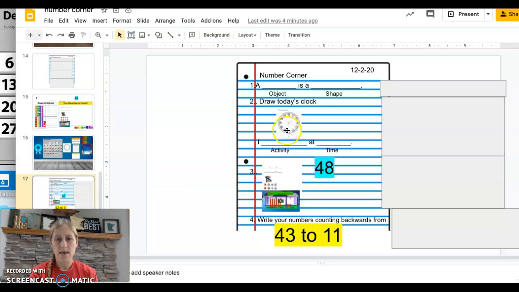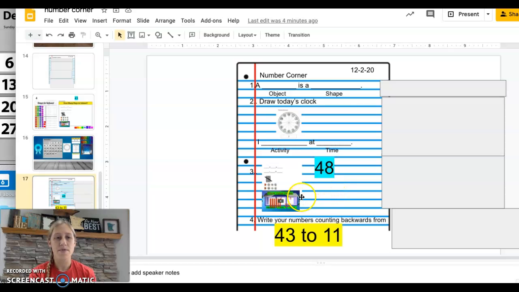You are going to make the hands on the clock to show 8 o'clock a.m. Then you're going to write I, and then what do you do at 8 o'clock a.m.? I blank at 8 o'clock a.m. So I will like to see today a clock with the correct hands, as well as the sentence that matches. Press pause if you need more time.